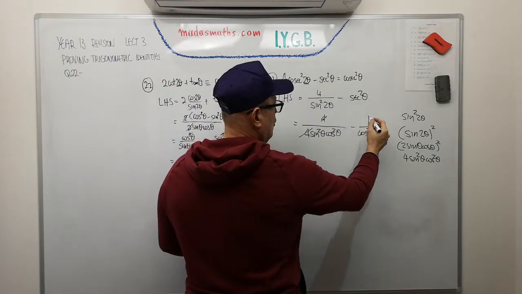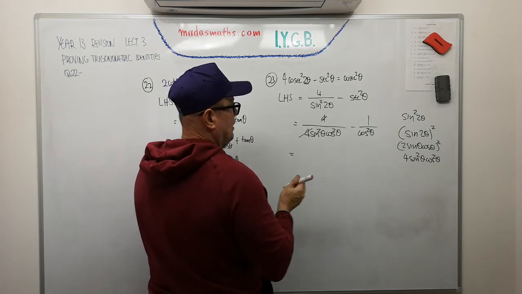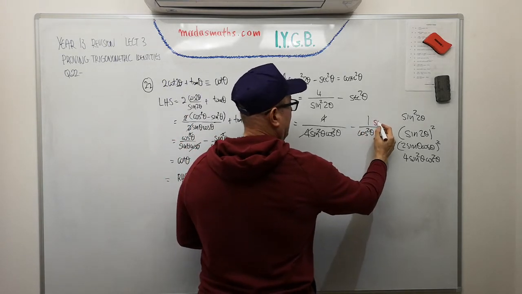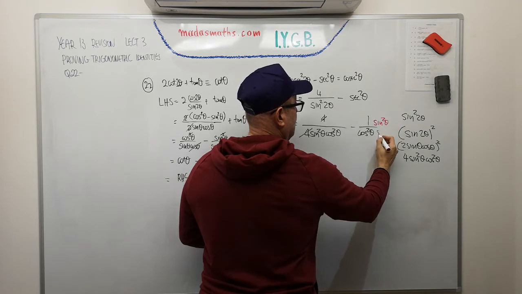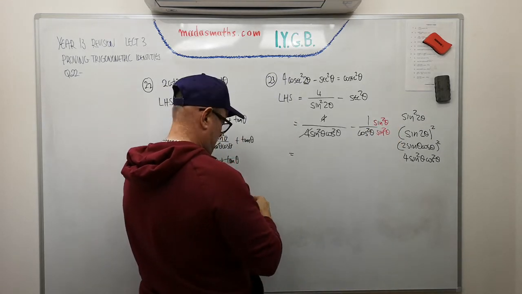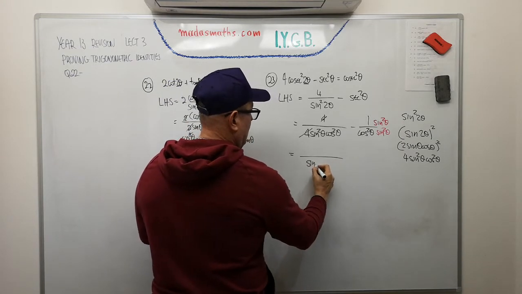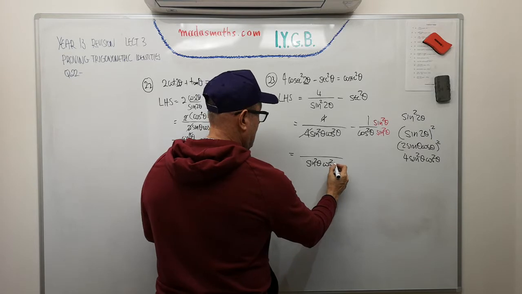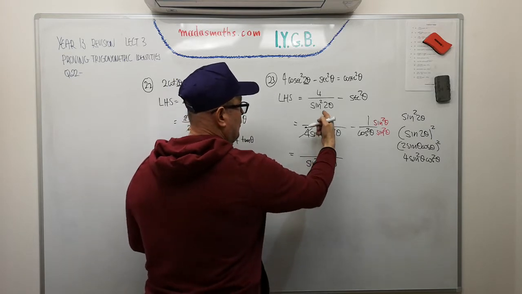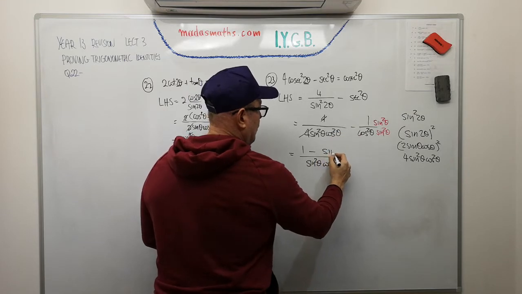So if I multiply top and bottom of the fraction on the right by a sine squared theta, I'm going to get a common denominator. They both are going to be out of sine squared theta, cos squared theta, and on the top I'm going to have 1 minus sine squared theta.